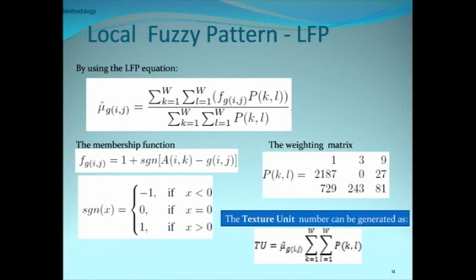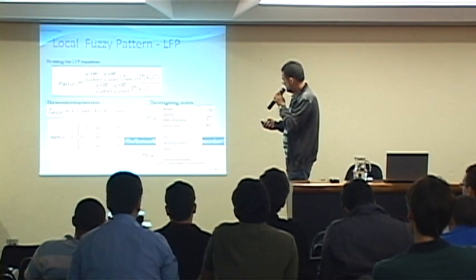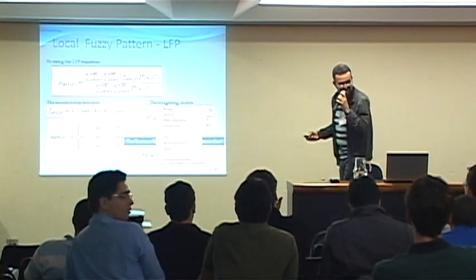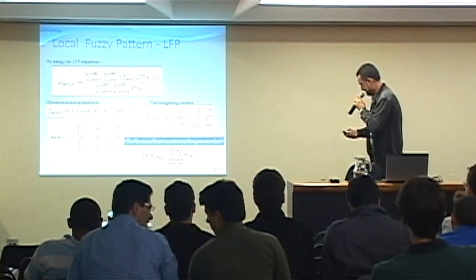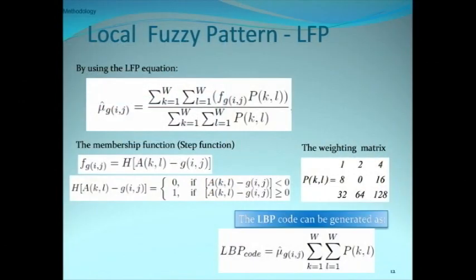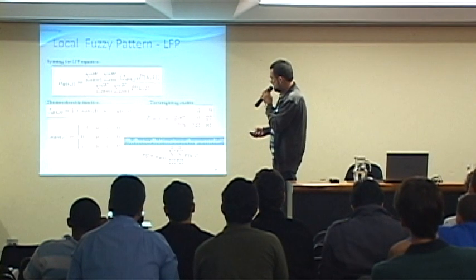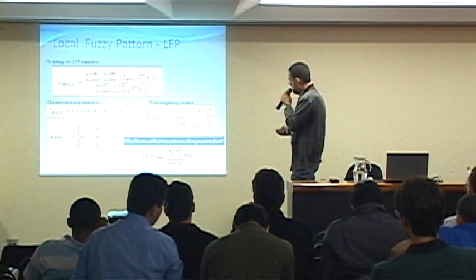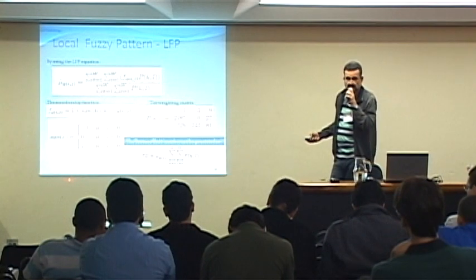If you use our equation, the LFP equation, with this membership function, where the sign function is -1, 0, and 1, and this weighting matrix, we have the texture unit from He and Wang.